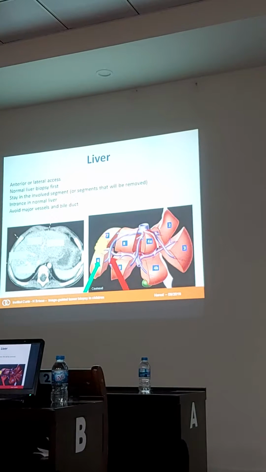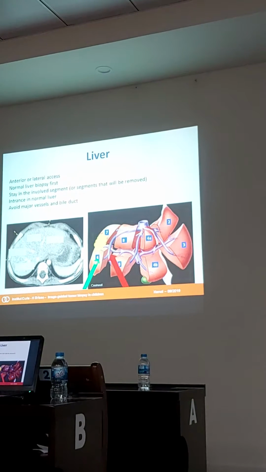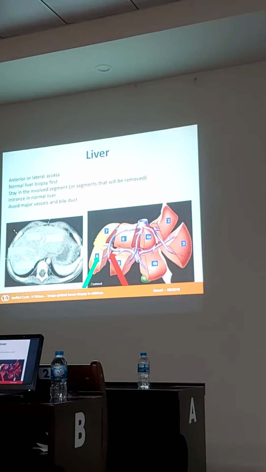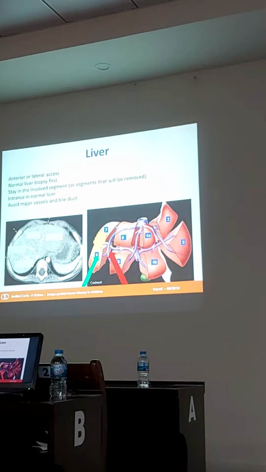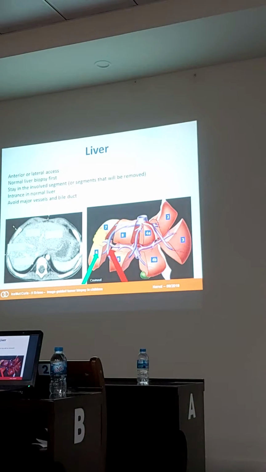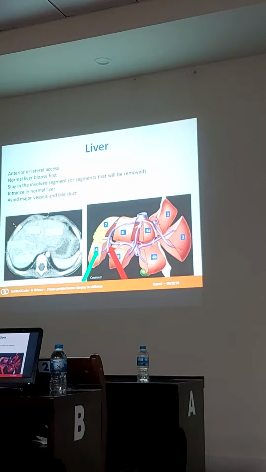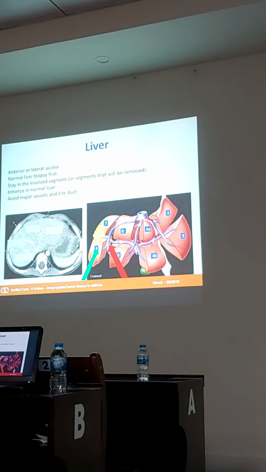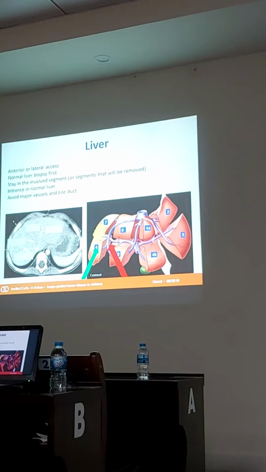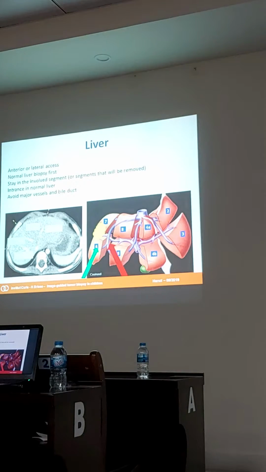So 7, so you can go through the 6th segment, and usually we perform both needle biopsy of the normal liver and after that a biopsy of the tumor itself. Because we have to look at the normal liver, apparently normal liver, to look for signs of hepatitis and so on, a predisposing condition.